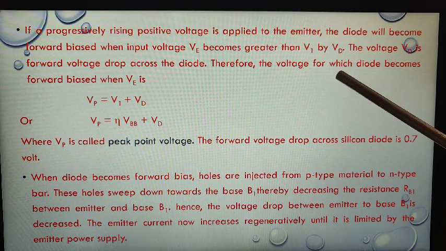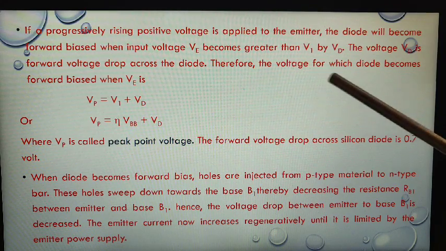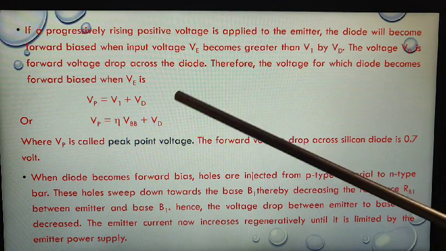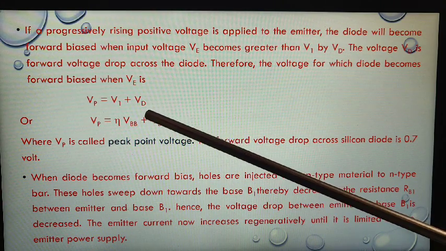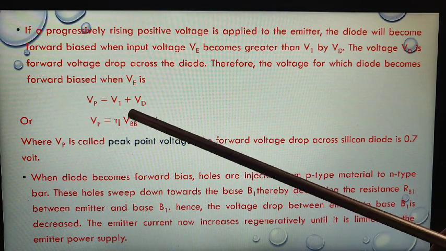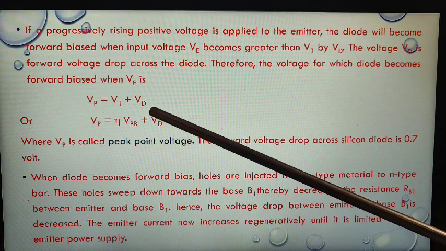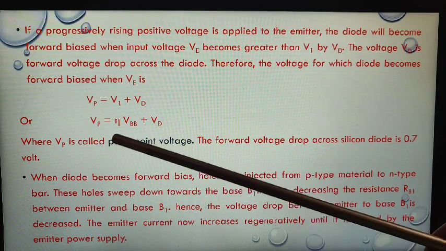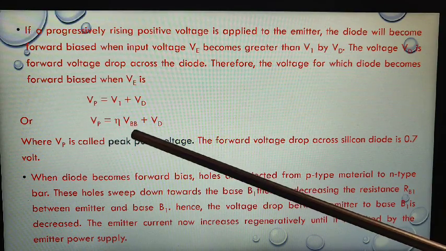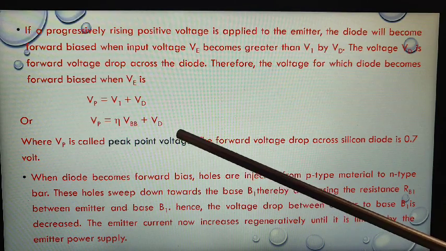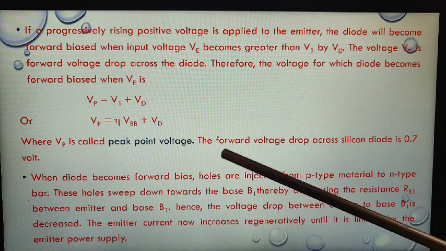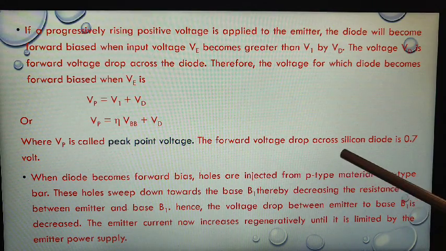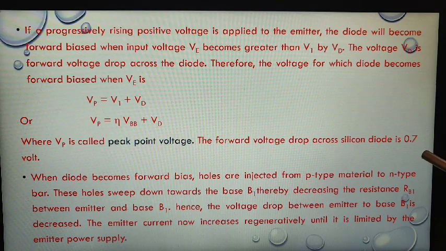Therefore, the voltage at which the diode becomes forward biased is Vp equal to V1 plus Vd, that is, eta VBB plus Vd, where Vp is called peak point voltage. The forward voltage drop across a silicon diode is 0.7 volt.